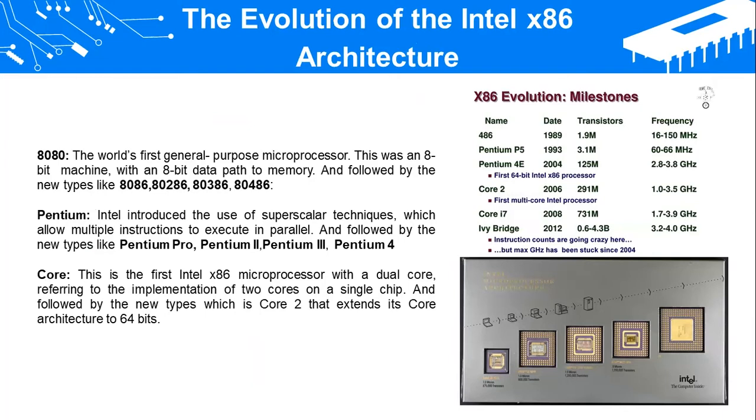So their architecture at that time is called x86 architecture. But they changed their product name to Pentium because a number can't be registered as a trademark. As you can see in the table here, it shows the evolution from the first generation of Intel products to the latest generation.